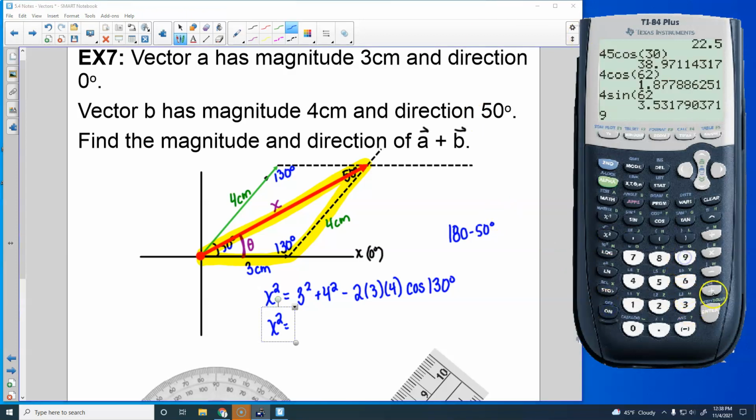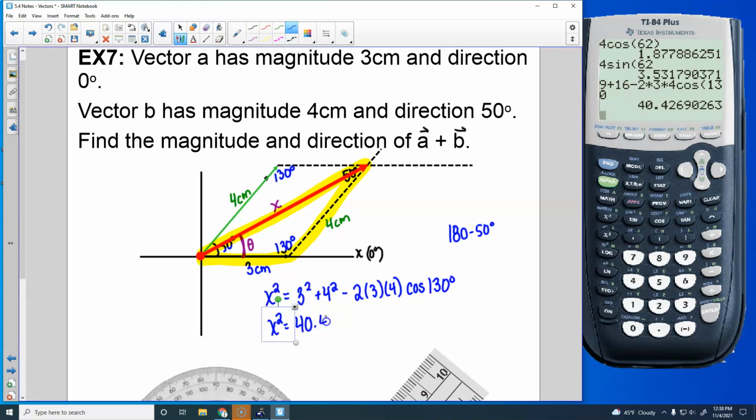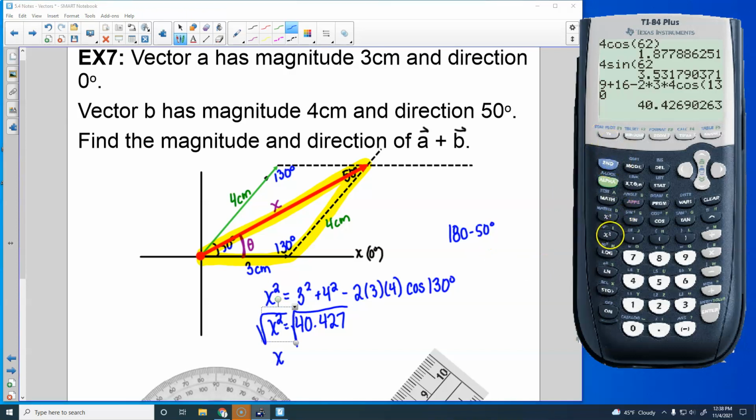So we got 9 plus 16 minus 2 times 3 times 4 cosine of 130 is going to give us 40.427. Well, that's not our final answer. We got to square root both sides, so don't change this right here. All right, so we get 6.358.